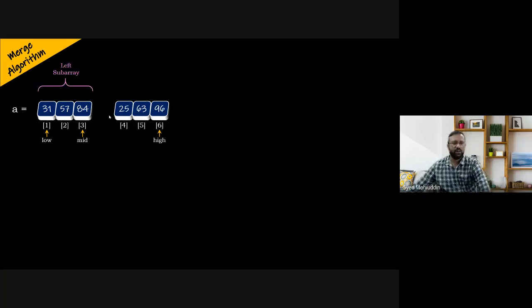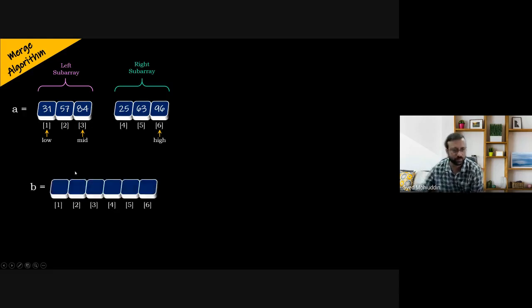Now we will call this part the left subarray, and this part the right subarray. We will take a temporary array. What we are trying to do is merge the elements of the left subarray and the right subarray. To do that, we use a temporary array known as B. We will have a variable h pointing to low.